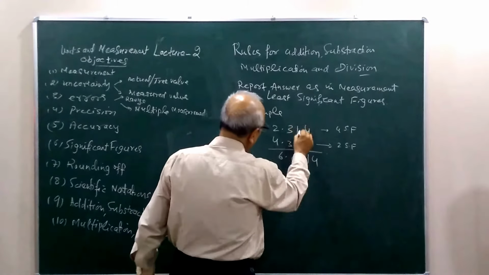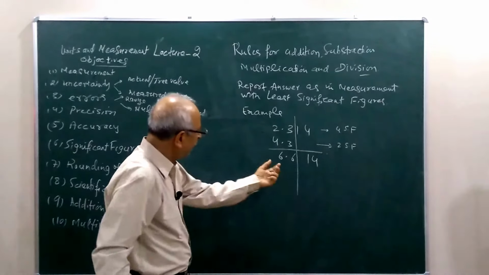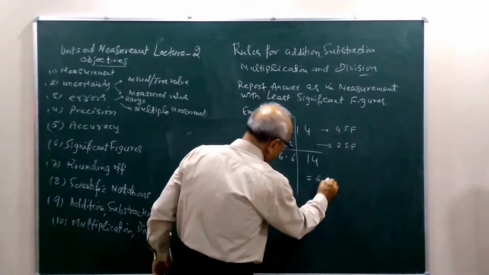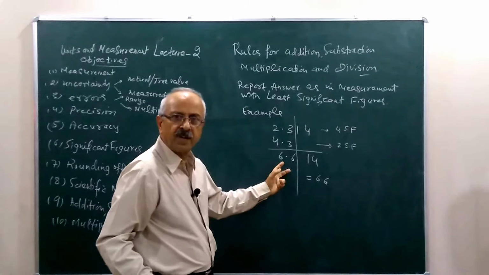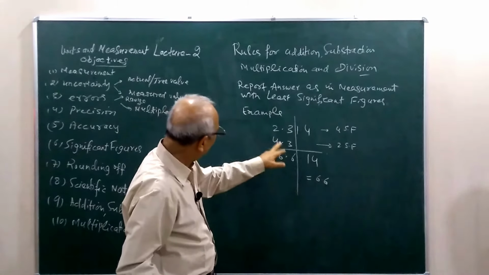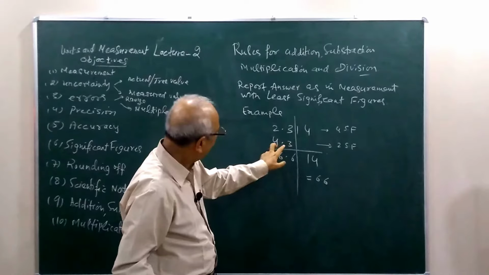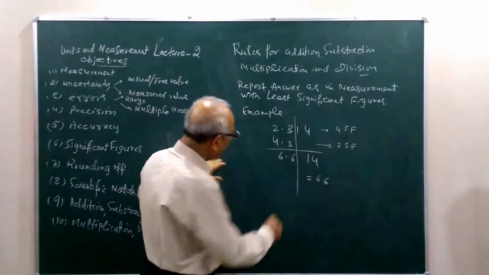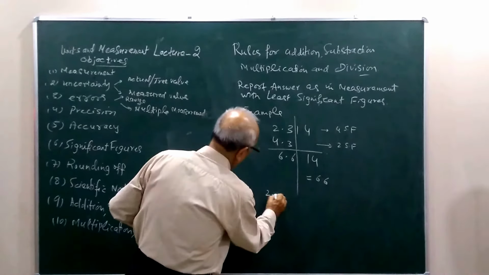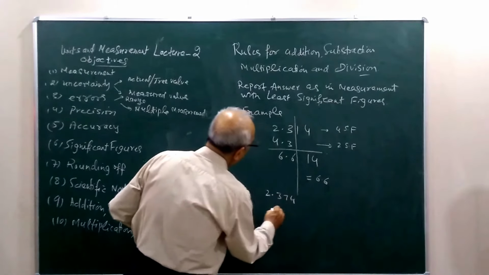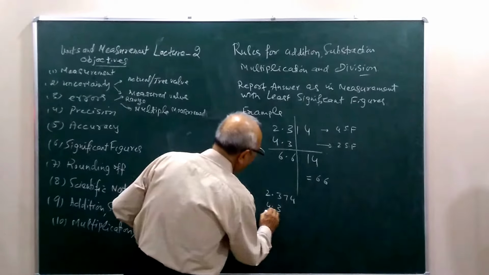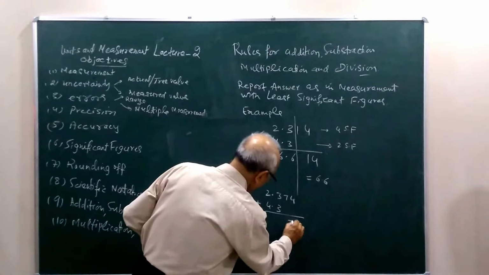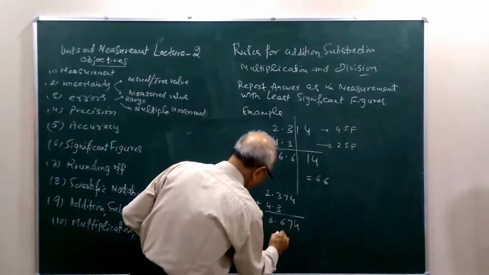Therefore, I am cutting it here, and my answer is 6.6 because it has 2 significant figures. Because this digit has the minimum significant figures, my answer will be in this. If the number was something like 2.374 and 4.3, adding the two gives 6.674.